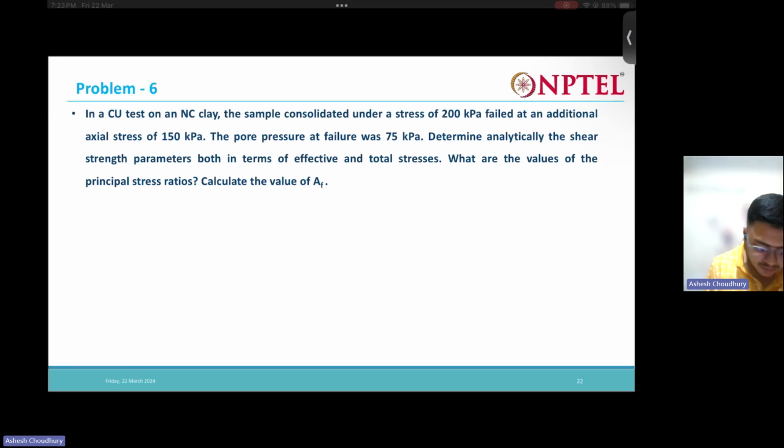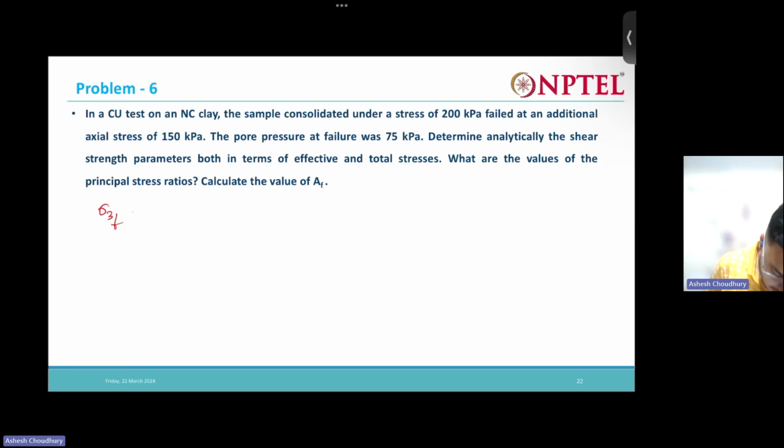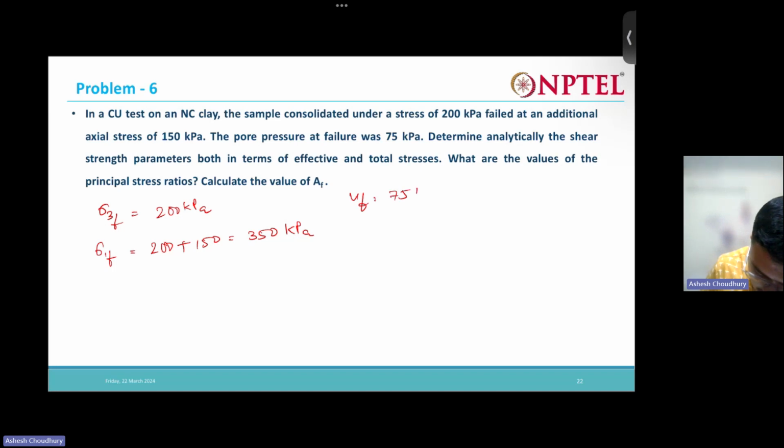So we have sigma 3 at failure is 200 kPa. And sigma 1 at failure will be what? 200 plus 150. Pore pressure at failure is 75 kPa.